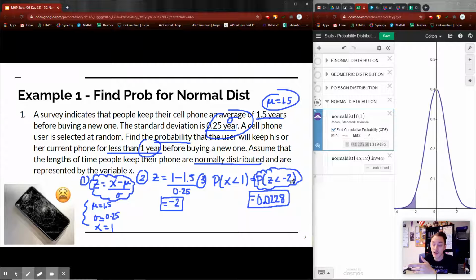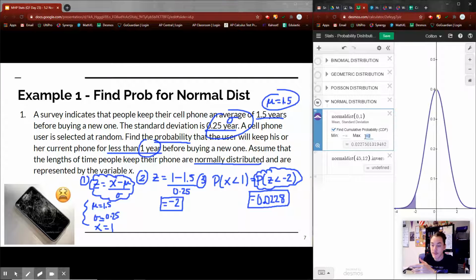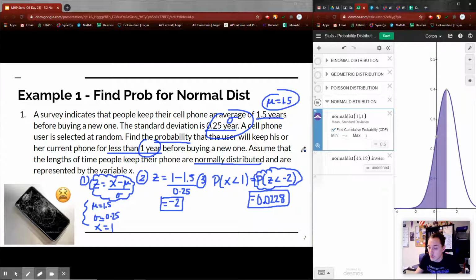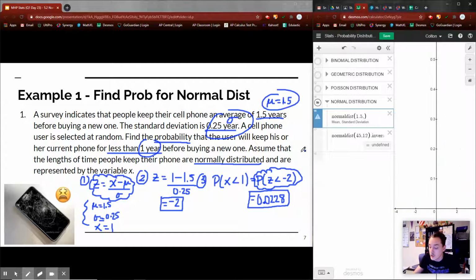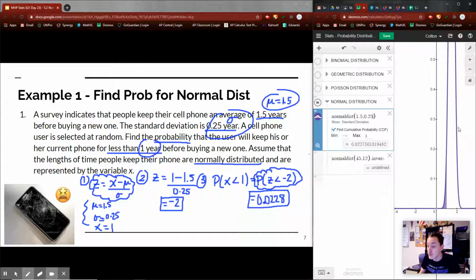Okay, now watch what I'm about to do here. I'm going to change this back to 1, but now watch. Let's change our standard deviation and our mean to our actual problem. We said our mean was 1.5, so let's change our mean. And then let's change my standard deviation to 0.25. So this is what it looks like. But look at my answer. It's the exact same thing, which is why these are equal.